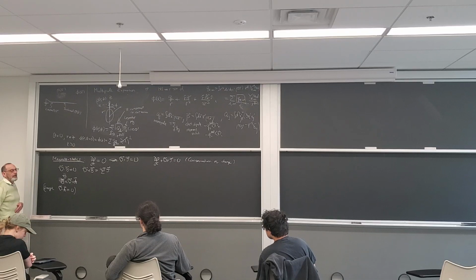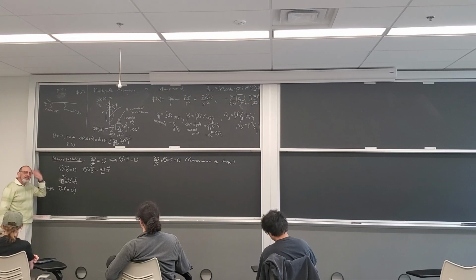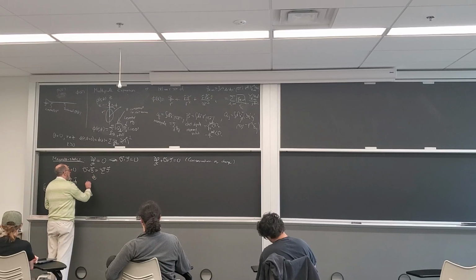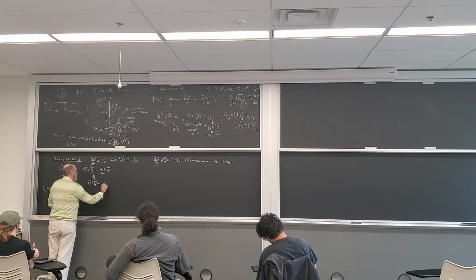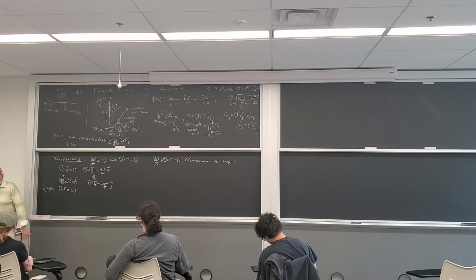That's it. We can set this any way we like. If there's no other reason to choose it in any other way, we just set it to 0. And that together then tells us that the different Cartesian components of the vector potential satisfy a Poisson equation.